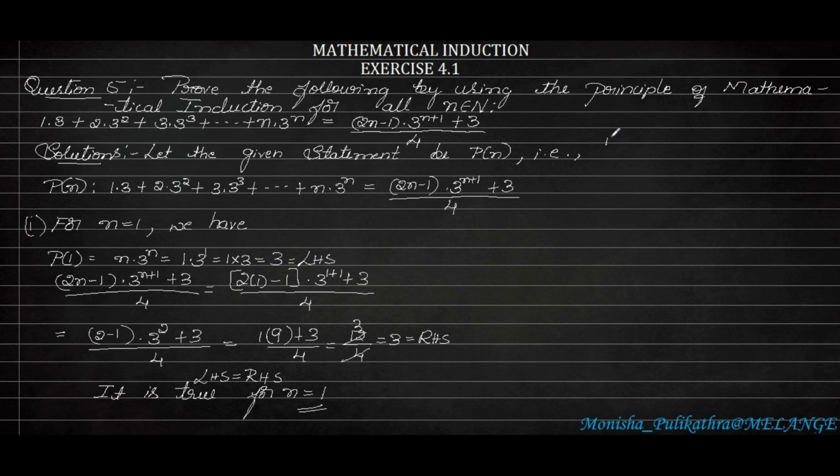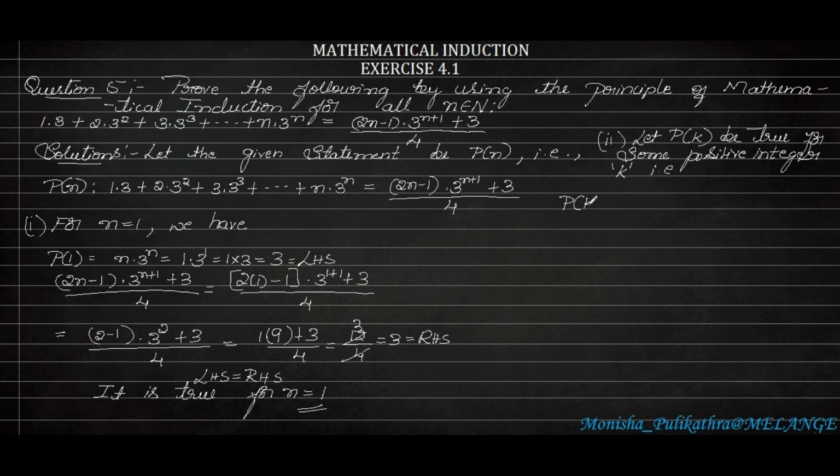In the third step, in the place of n, we have to substitute k. So let p of k be true for some positive integer k. Wherever n is there, we substitute it as k.